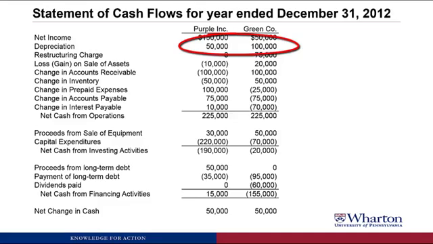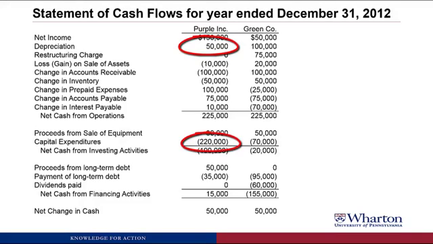Now, one way that we can try to understand what this means is to compare depreciation and capital expenditures. If you think of depreciation as using up old equipment, whereas capital expenditures is buying new equipment, it's an interesting comparison to look at the relative magnitudes. So for Purple, they have $50,000 of depreciation, but $220,000 of CapEx, indicating that they're growing dramatically.